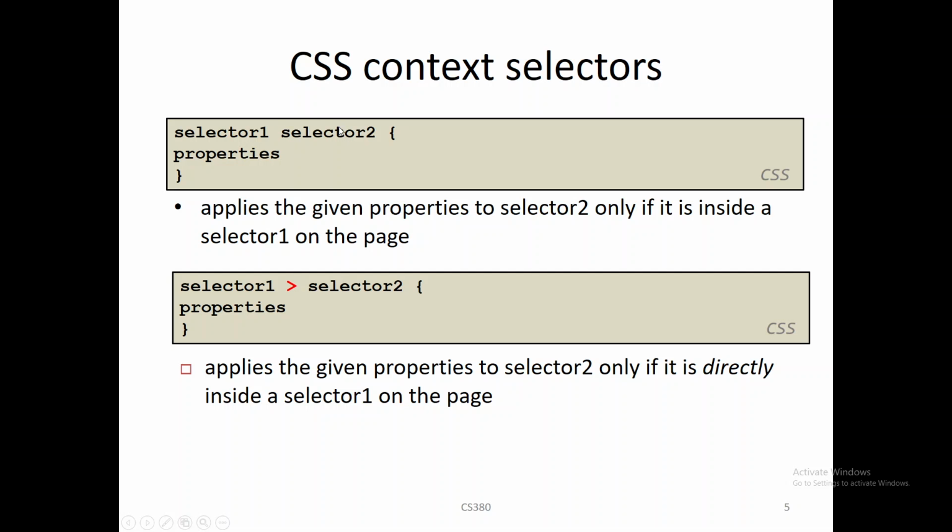Whichever element I'm selecting here must be a descendant of the elements that are selected here. So I can create one single selector, called one big selector on its own. We talked about that.